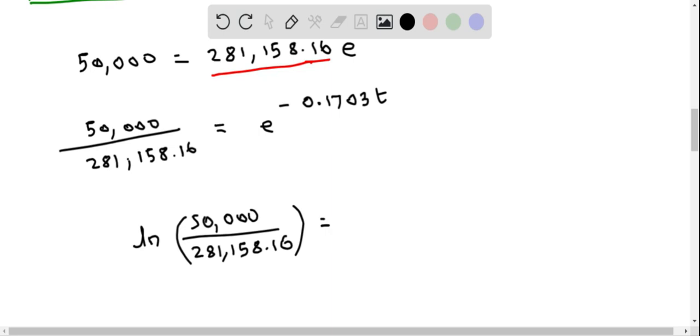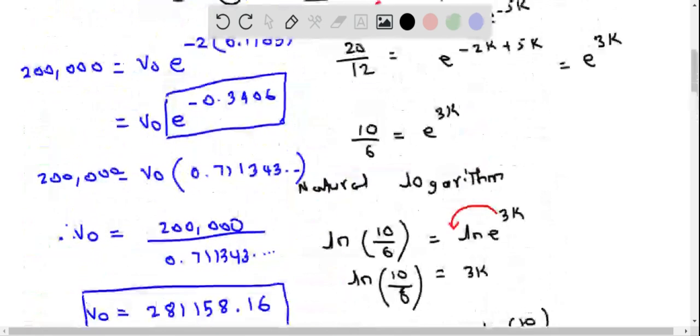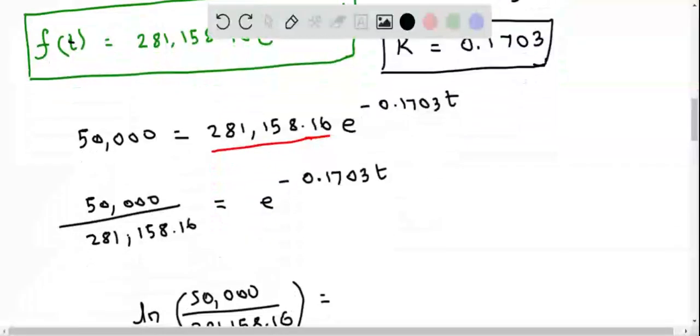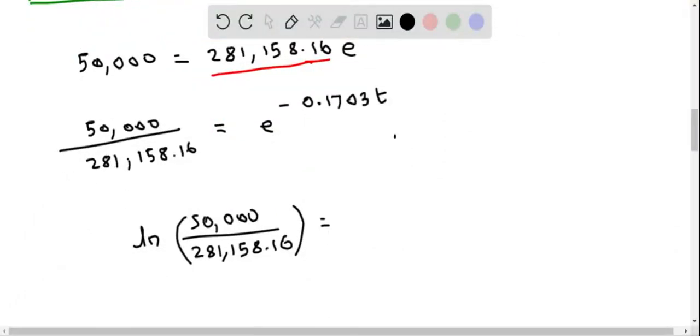This is equal to, remember the property of the natural logarithm: natural logarithm of e raised to the power of some quantity gives only that quantity. So when we apply the natural logarithm to e raised to the power of minus 0.1703 t, we get only minus 0.1703 t.